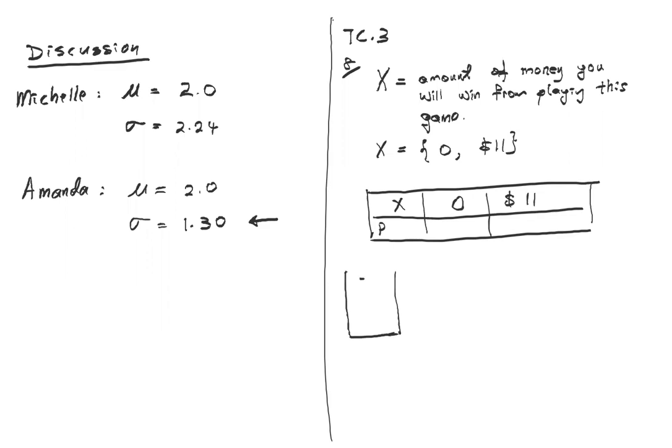You have 5 red, 4 blue, and 3 green. So altogether there are 12. You are supposed to draw 1. Remember, the question said without replacement. So the next draw you make, you only have 11 left.